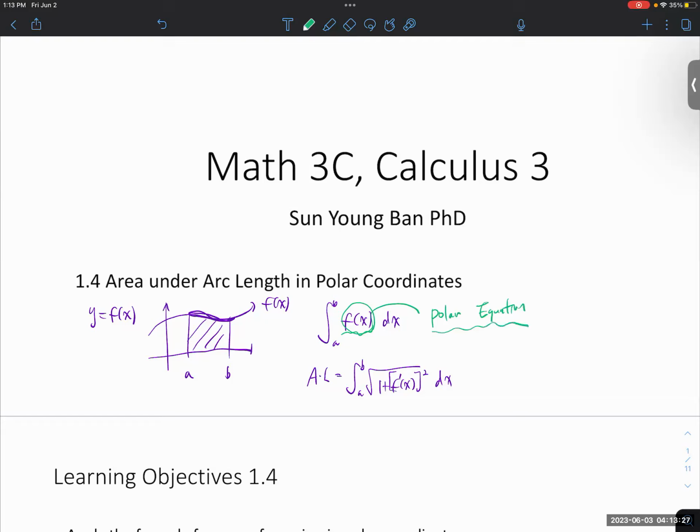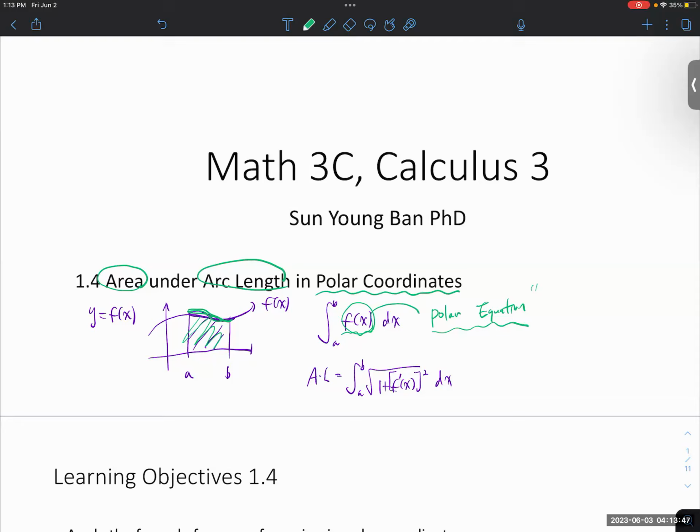How would you be able to find out the area under the polar equation and the length of the polar curve, right? So that's the main idea. In 1.4, we are going to find out the area and arc length in polar coordinates, especially polar equations.